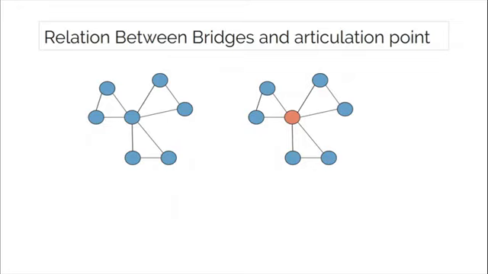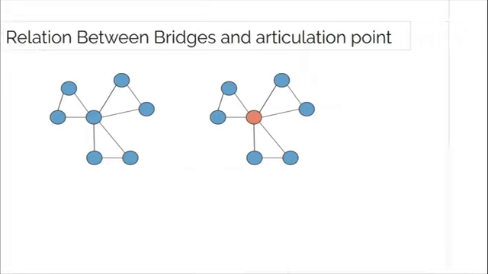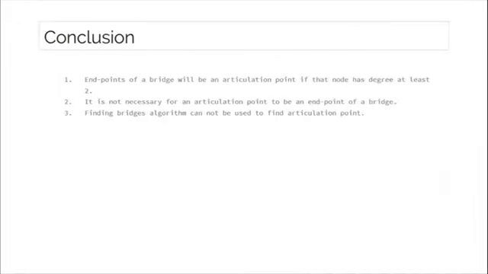See, the observation that we have made has led us to this conclusion. Whenever we see a bridge, the endpoints of the bridge may or may not be articulation points, depending on whether the degree is greater than or equal to 2.